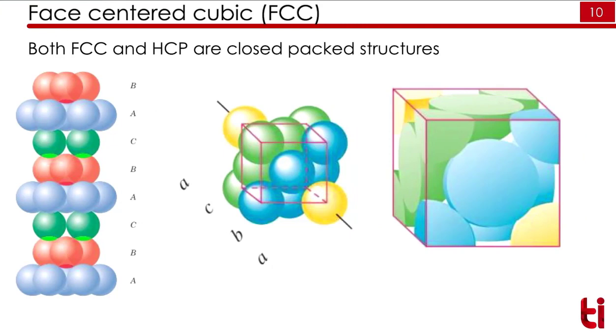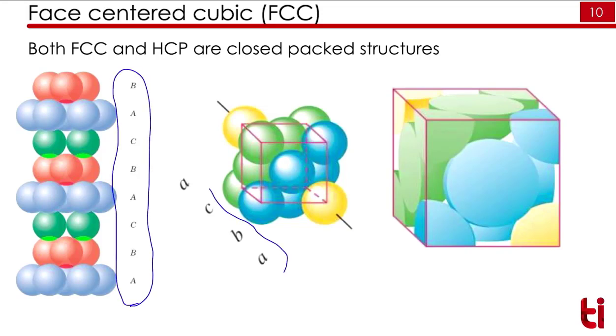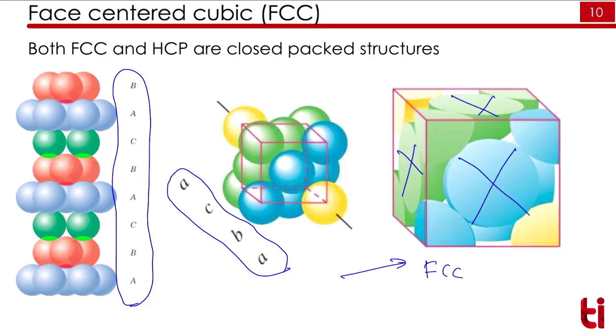Again for clarity, the unit cell is shown here. These are ABC, ABC, ABC layers stacked in a sequence. We will take only ABCA, these 4 layers from that, and if you construct a unit cell like this, you will get the FCC unit cell. In FCC we have an atom at each face, like that.